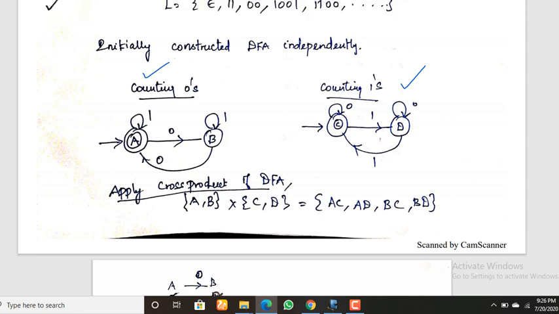For even number of zeros, what is the language? The language starts with epsilon. In the previous lecture I already told in which cases you should add epsilon.